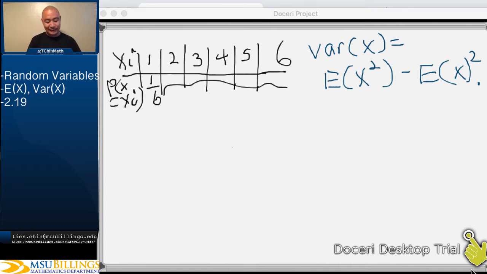So, what does it mean to be the expectation of X squared? Well, let's take a look at our dice roll example here.